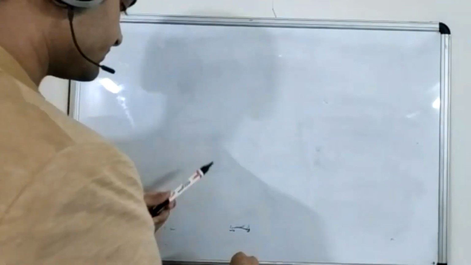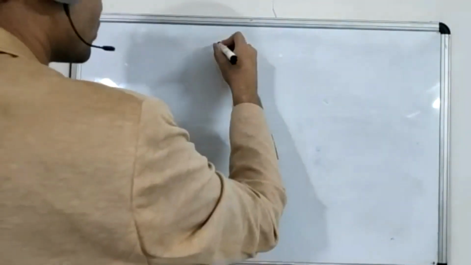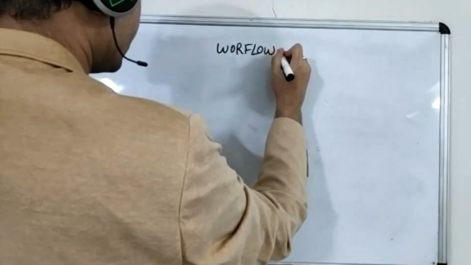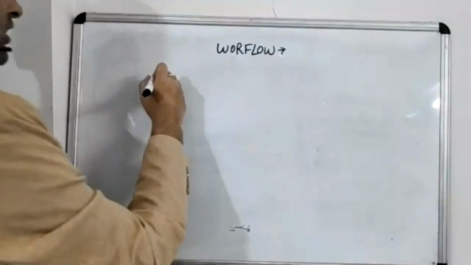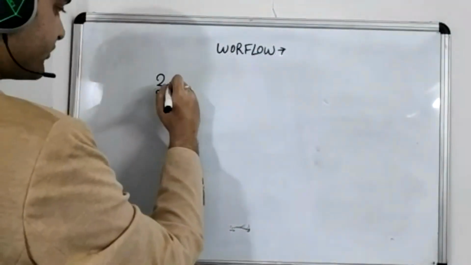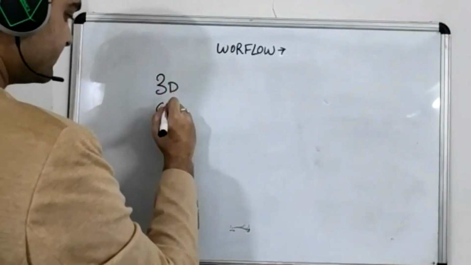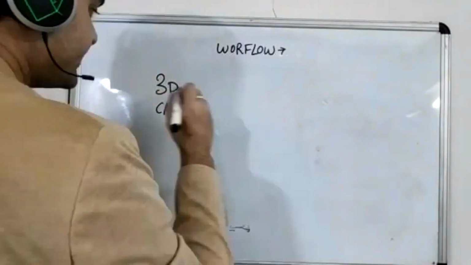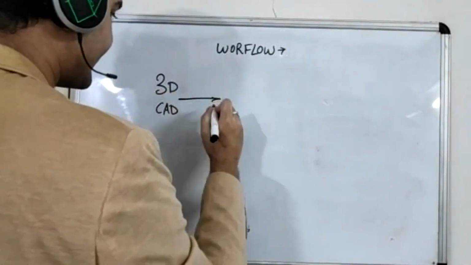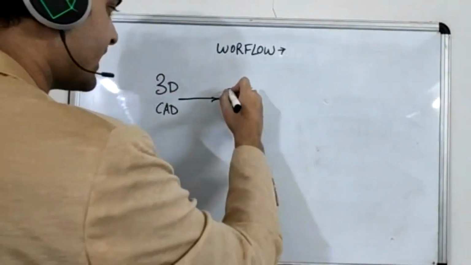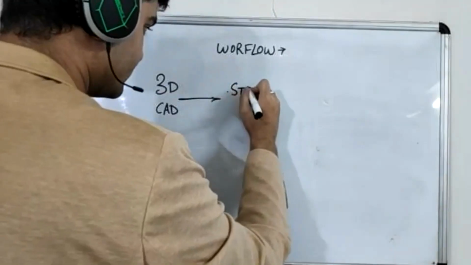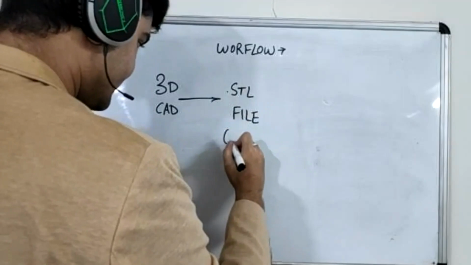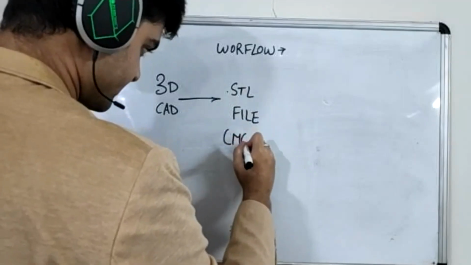Let's talk about the workflow. Okay. So you saw that we had our 3D CAD model. And for 3D printing, what we do is export that 3D CAD model as something known as a .stl file, which is just a mesh, simply speaking.